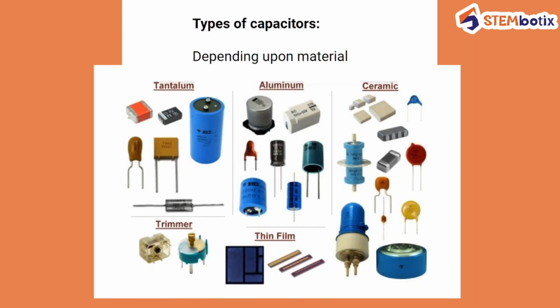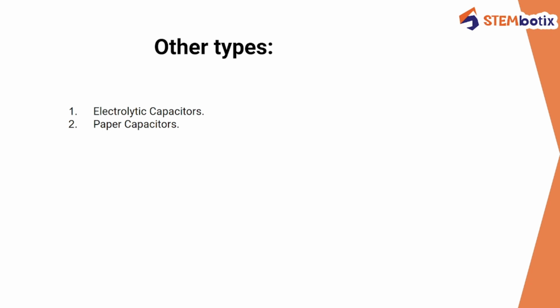And the other depends upon the material, meaning which kind of material is used to manufacture the capacitor. In this type there are several categories: tantalum, aluminum, ceramic, trimmer, thin film. These are the types of capacitors depending upon the material. Other types are electrolytic and paper capacitors.